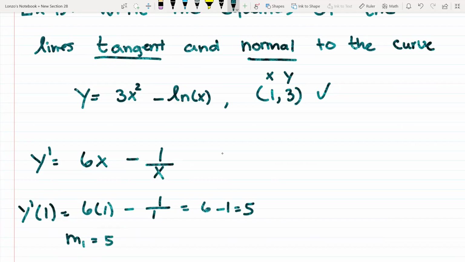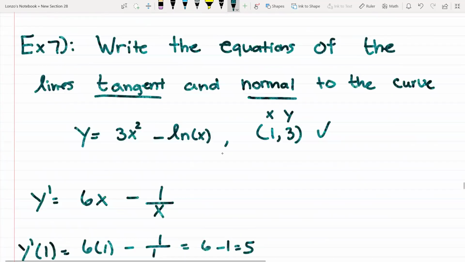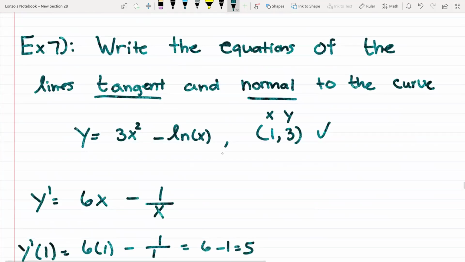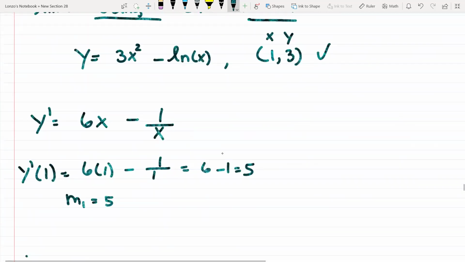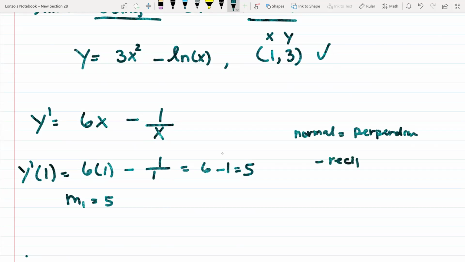Now, what should the slope, m2, be in order for the line to be normal? Normal means perpendicular, right? Normal is perpendicular. And what is the slope of a perpendicular line? It's the negative reciprocal of your tangent slope, m1.